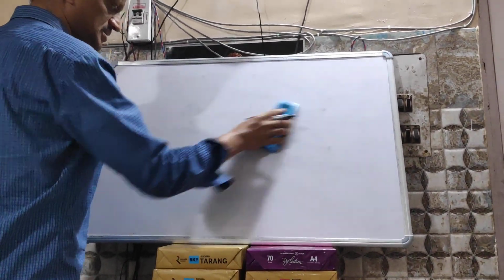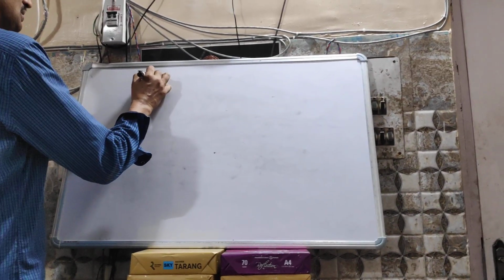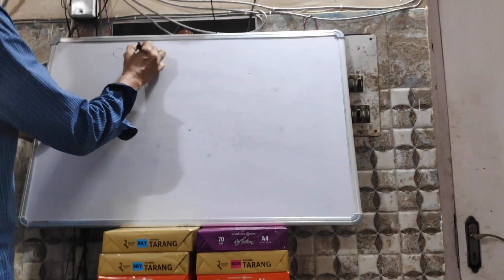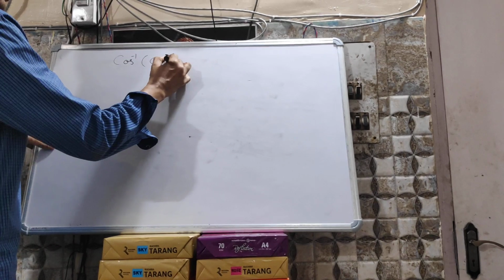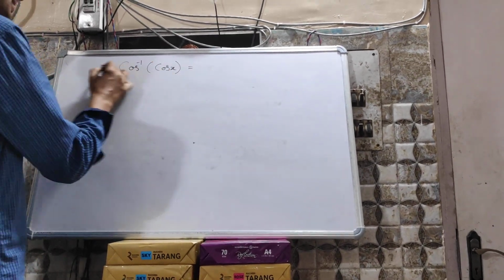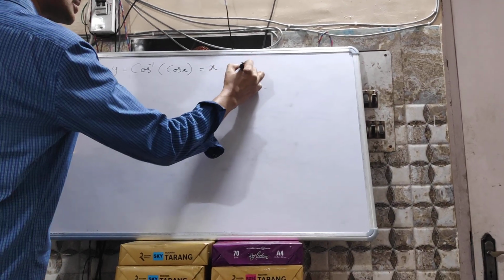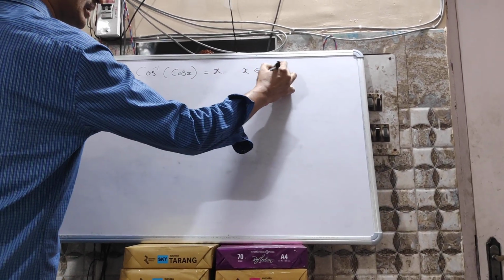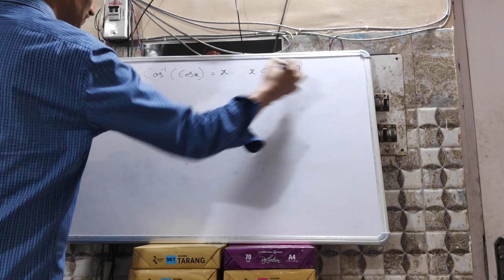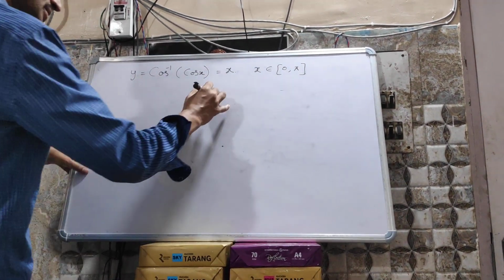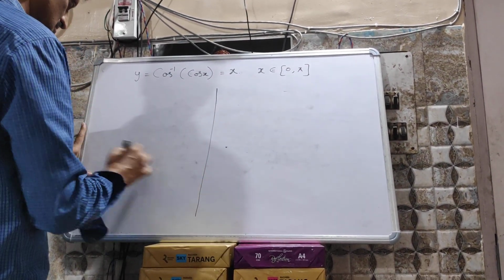Cos inverse cos, tan inverse tan. Cos inverse of cos, once again with the principal domain the same, it is y equal to x for the principal domain of cos, that is x belongs to 0 to pi. Now I am plotting for other values, for other branches.